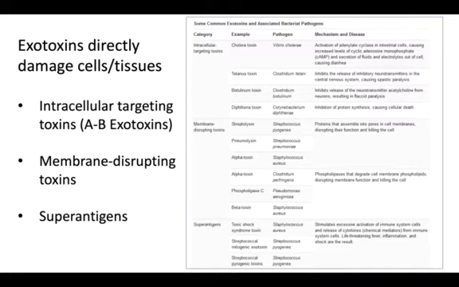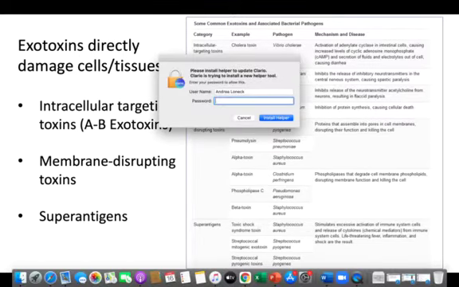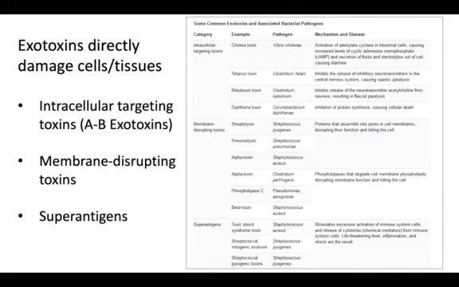All right, the second type of exotoxin, membrane disrupting toxins, are your streptolysins, your pneumolysins, alpha toxin, beta toxin. And what these guys do is they are a set of proteins that assemble on the host cell membrane, and they poke holes in the cell membrane.